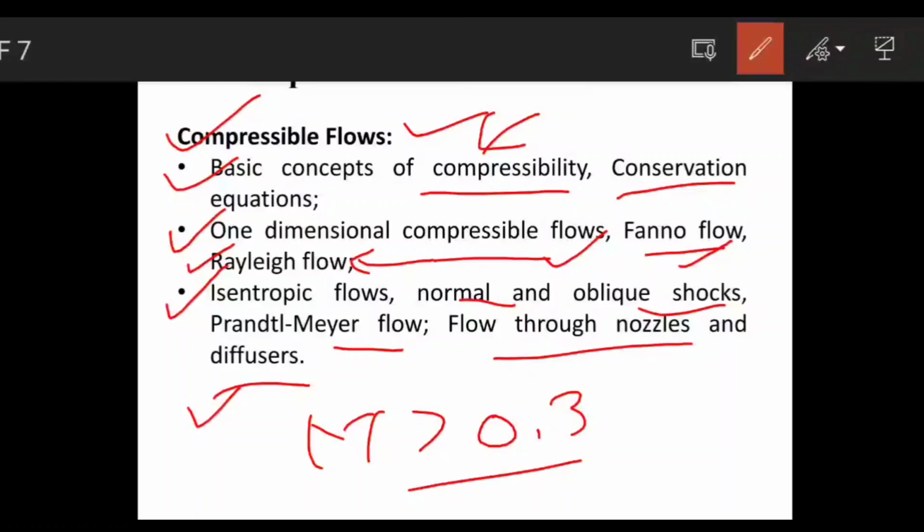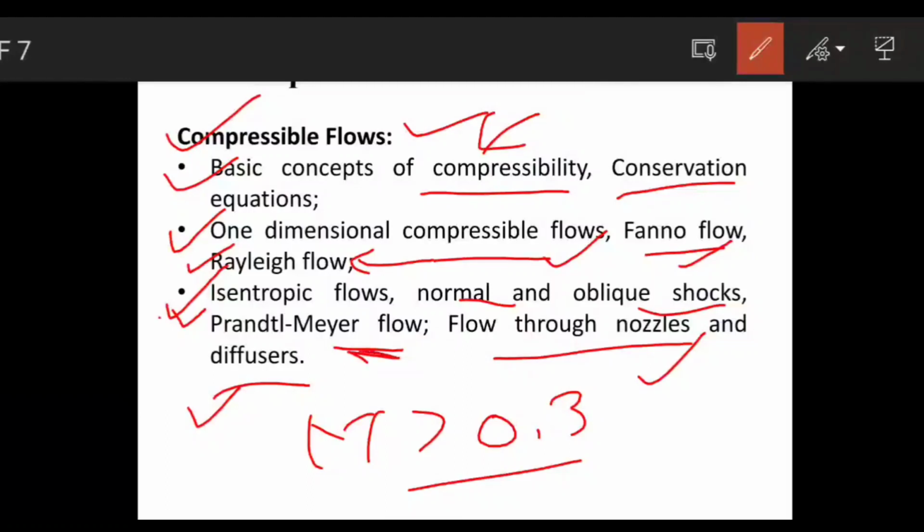Depending on what type of diffuser we are using, we create a normal shock wave or an oblique shock wave. In nozzles also, in a CD nozzle, generally we find the shock wave in the divergent section. So isentropic flow theory is important to understand. Then we learn about the normal shock wave, oblique shock wave, and the Prandtl-Meyer function, that is for the expansion fan.